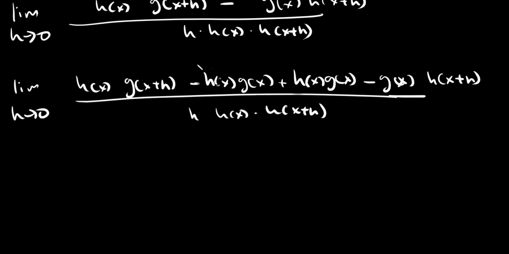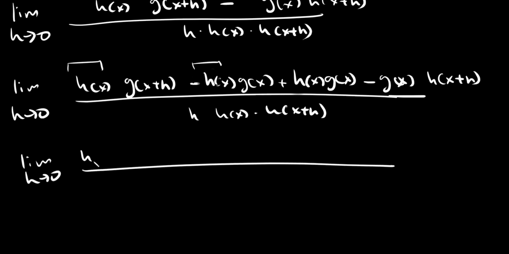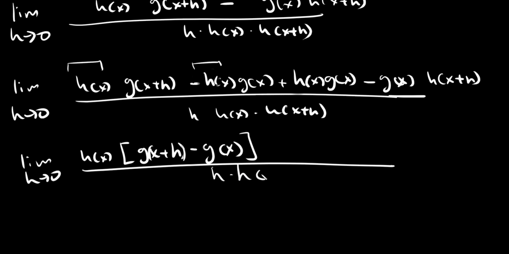All right, so I can factorize h of x. Then inside my function here, I get, it's supposed to be subtraction right here. And this should ring a bell, right? We are getting somewhere. Not quite, but we're getting somewhere.